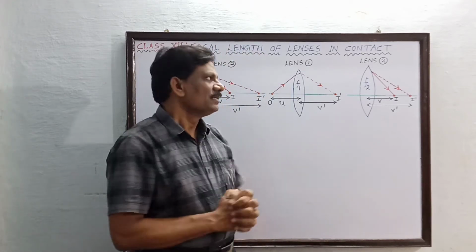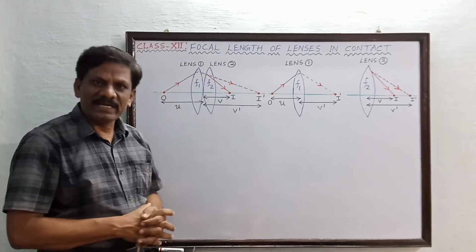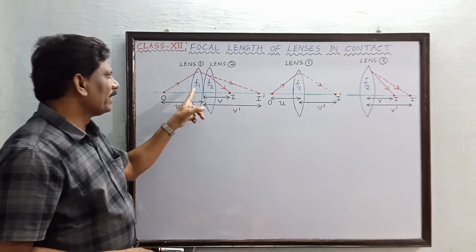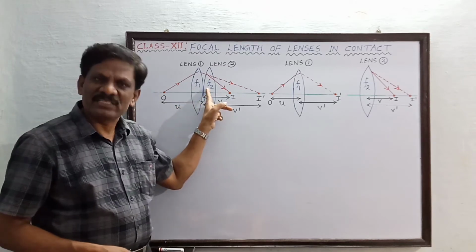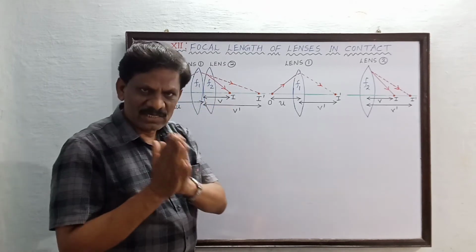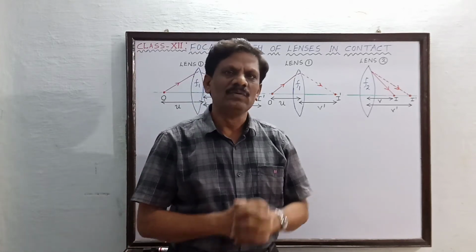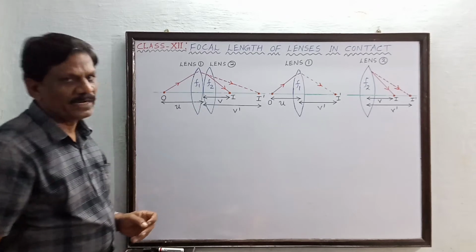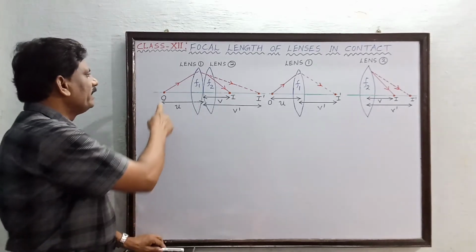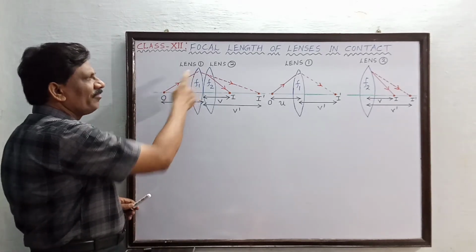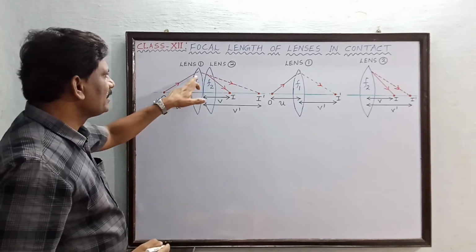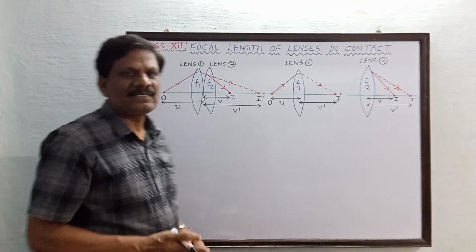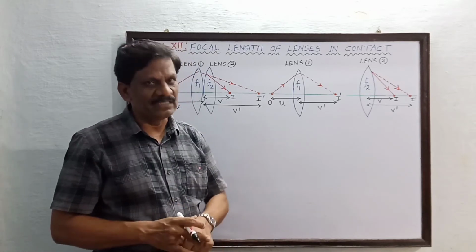Okay. Now you can look at the diagram. Two convex lenses of focal lengths f1 and f2 respectively are kept in contact. Now I have kept a point source. O is a point source of light and it emits a ray of light which falls on the first lens and it gets refracted by the first lens.